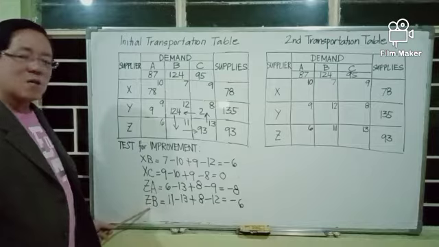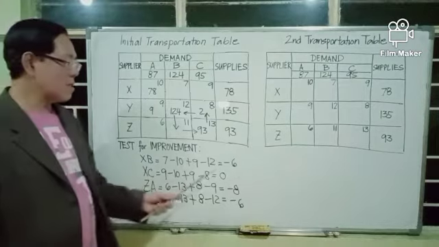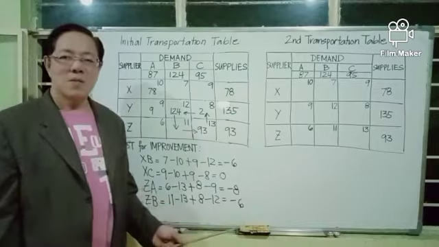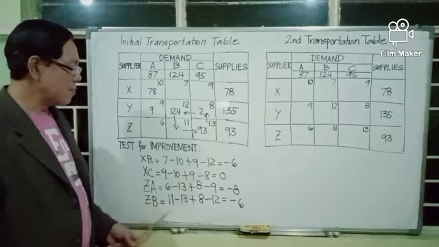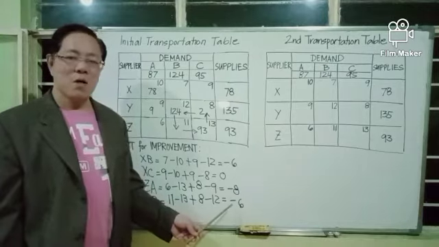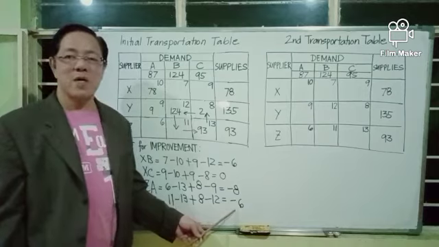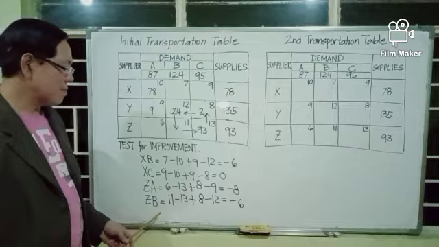Thus, the net cell cost of ZB is the same as the net cell cost of XB, negative 6. Which means that if you transfer some units to the vacant cell ZB, there will be a decrease in total transportation cost of 6 pesos per unit that you transfer to the vacant cell ZB.